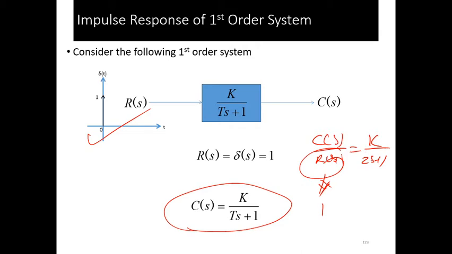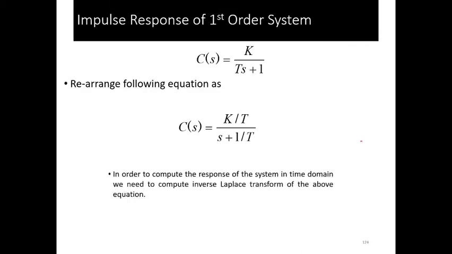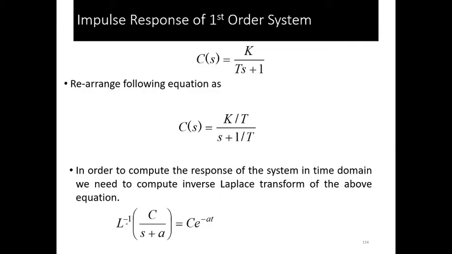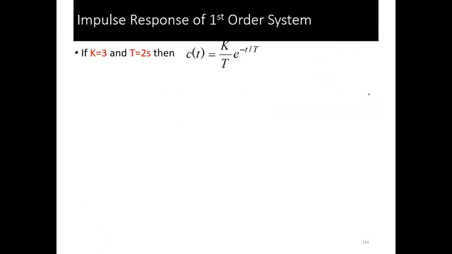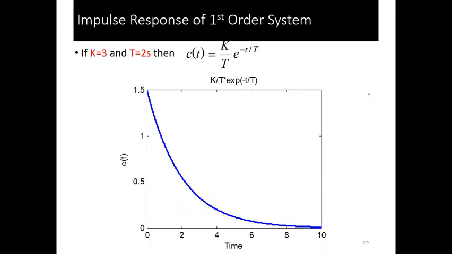So C(s) is simply K/(τs+1). When you take the inverse Laplace transform, you get only this response, which is simply a decaying signal. Such a type of response we get.